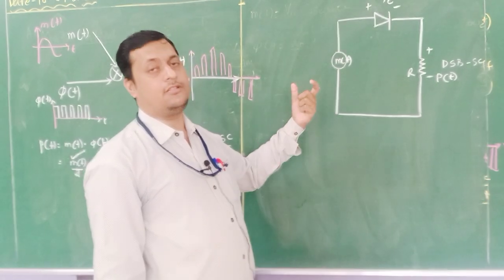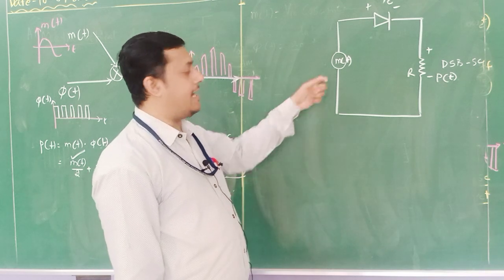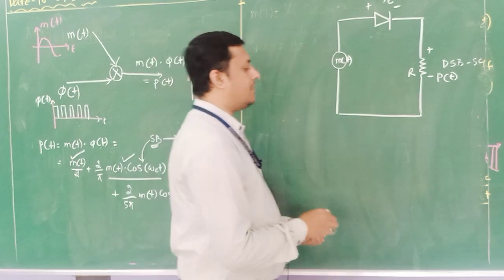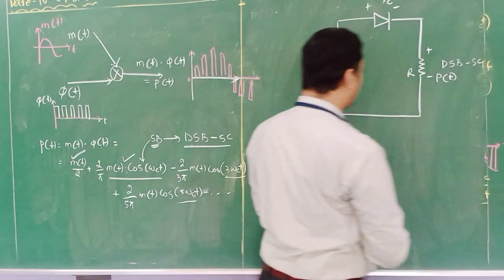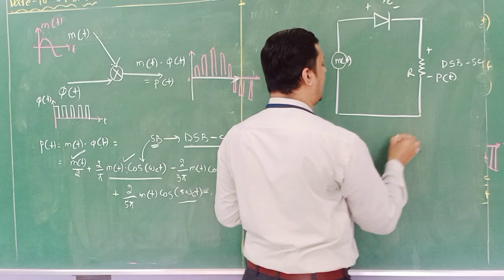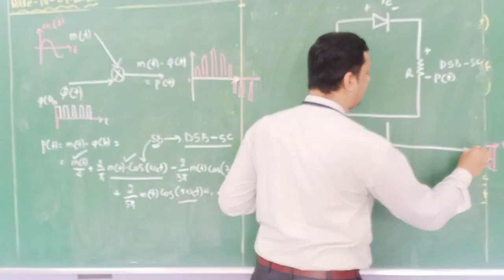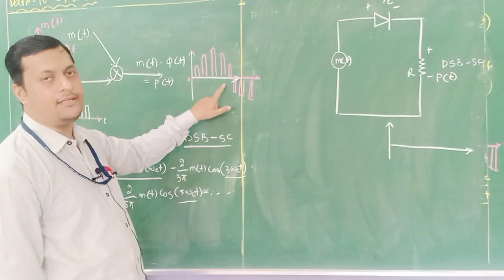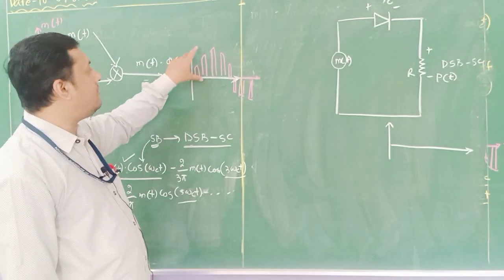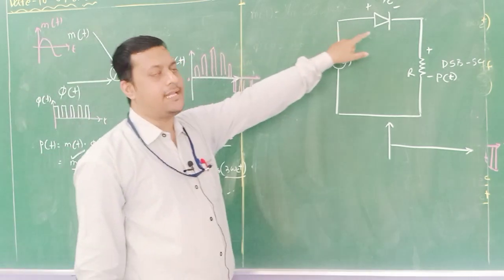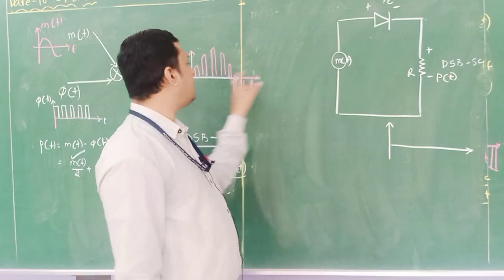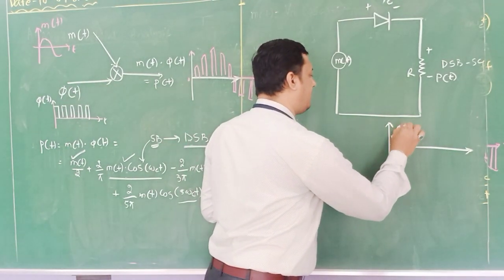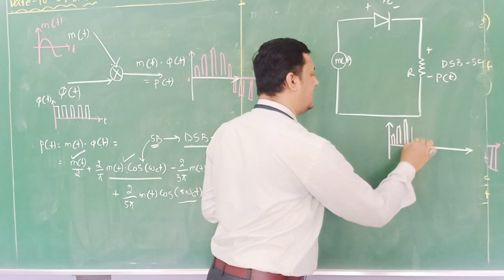But we need to generate an AM signal. For that, what do we have to do? We have to add a carrier to it. Now once this diode is used, the output of this diode, in the earlier case only the resistive value was identified, but now this output is analyzed with respect to the diode. A diode means only the positive half is identified, so the positive half will look like this.